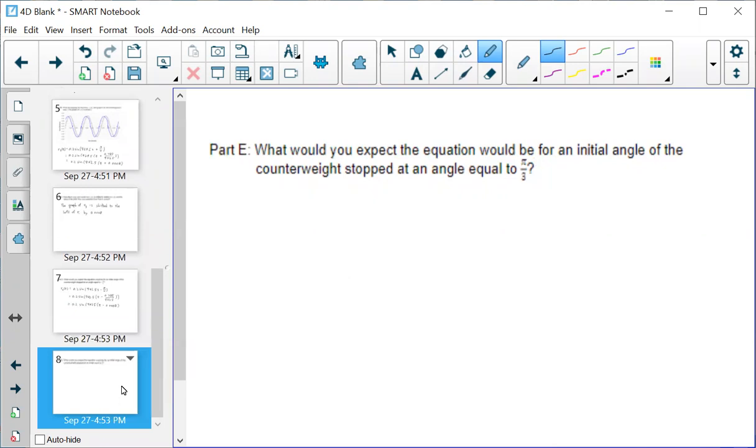Part E. What would you expect the equation to be for an initial angle of the counterweight stopped at an angle equal to pi over 3?